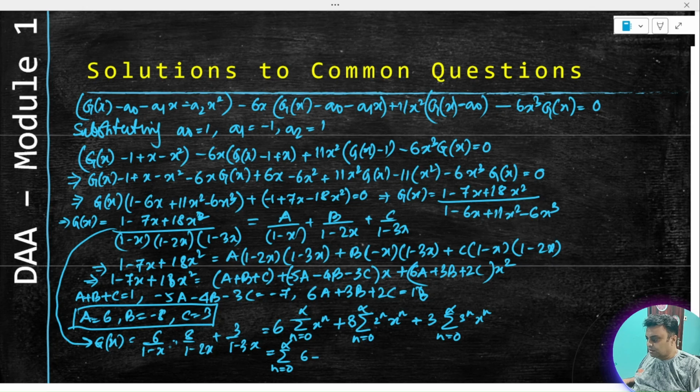So this should have been a minus here. If this is a minus here, then this is also a minus here. So we'll get 6 minus 8 into 2 to the power of n plus 3 into 3 to the power of n.